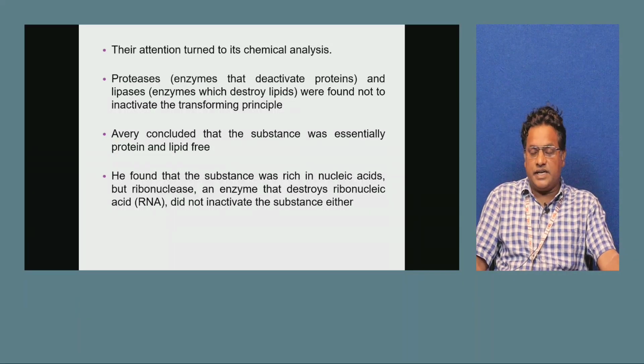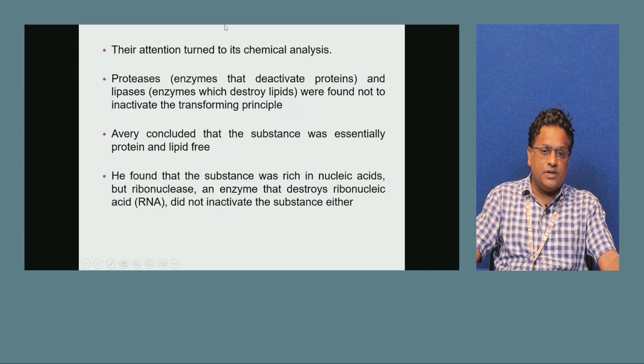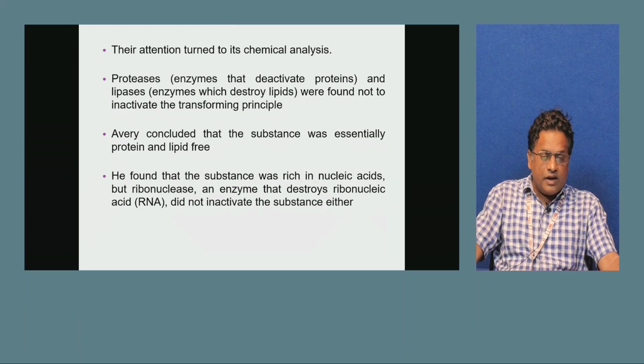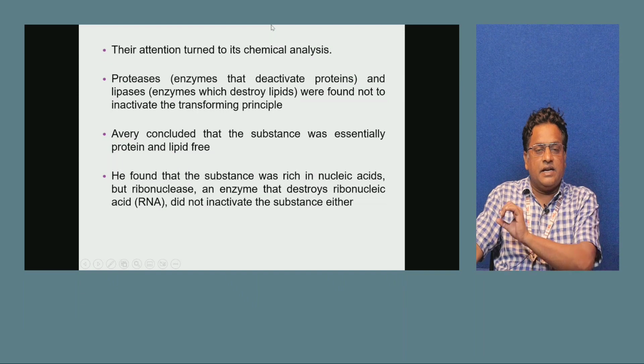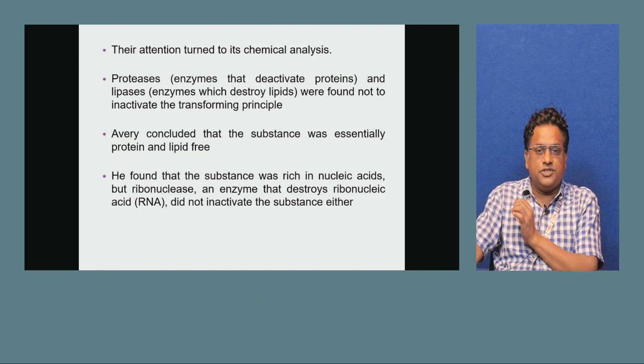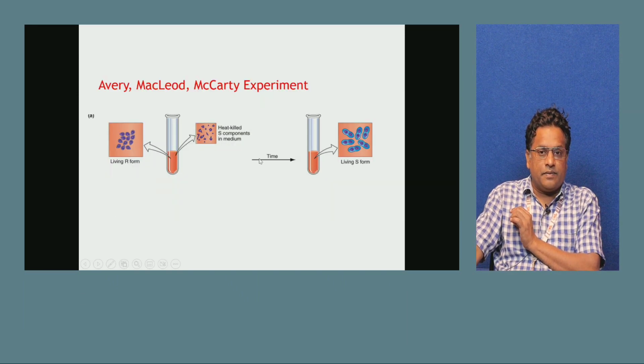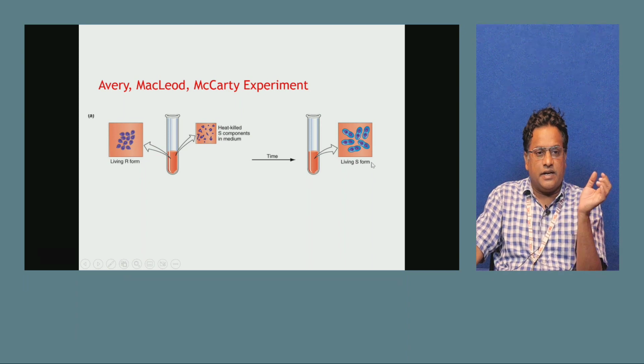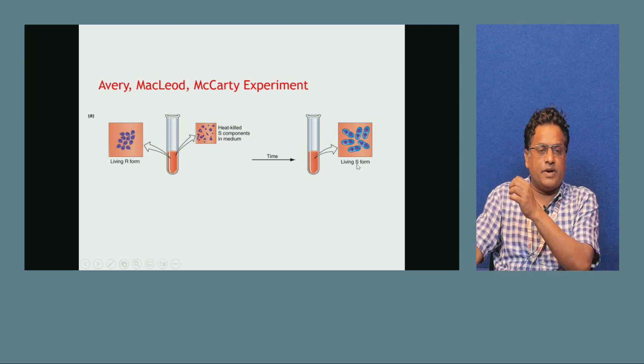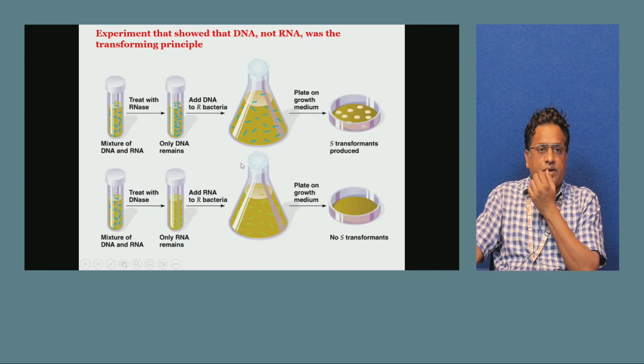Griffith didn't know about the DNA at that time, so it was MacLeod and McCarthy who came up with an answer, where they found that DNA is actually transforming, and DNA is the genetic material here. The R strain which is being transformed by the S strain is actually by the DNA. It's the DNA which is being passed from S strain to the R strain.